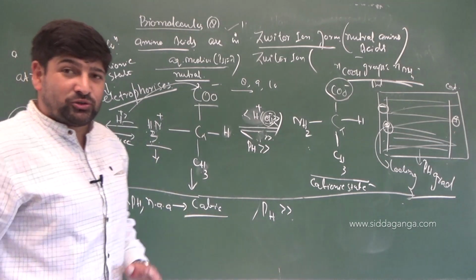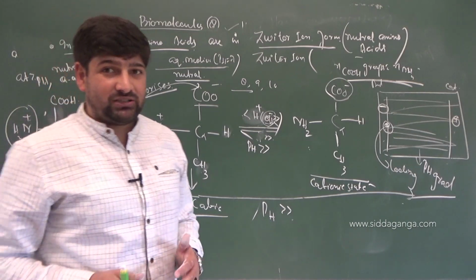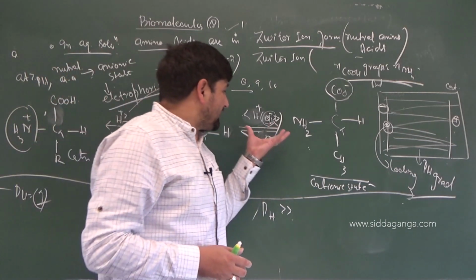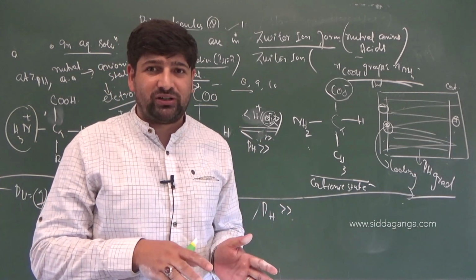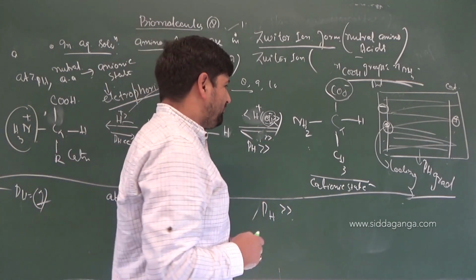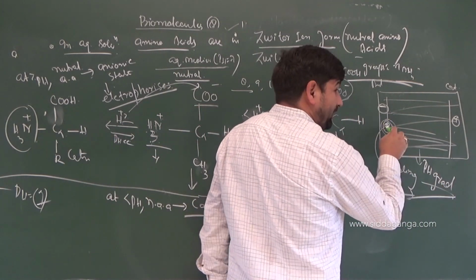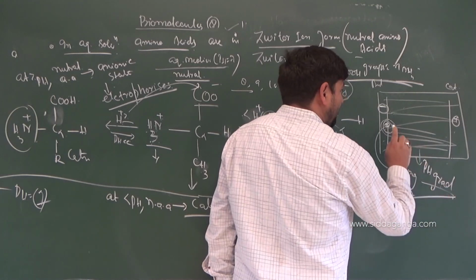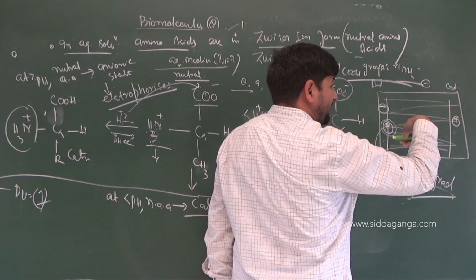Correct or not? So is it possible somewhere, at a pH, that the net charge on the molecule will be 0? That means it will have both plus and minus on it. That is possible. How? I said pH gradient. When you load an amino acid at a particular place, it is supposedly negatively charged somewhere, positively charged somewhere else.